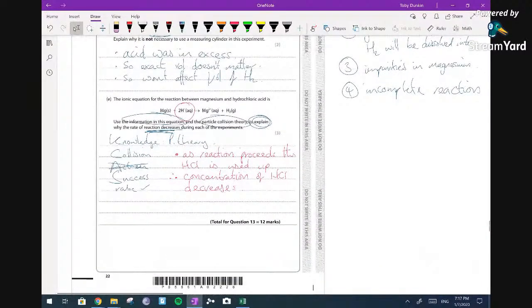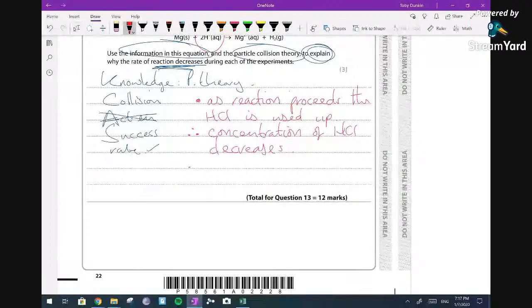Next, if the concentration of the acid drops, we need to explain what that is. Fewer particles, fewer HCl, it's nice to be really accurate here, fewer HCl particles per unit volume. So per unit volume, we're explaining what concentration is.